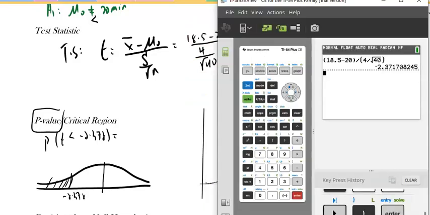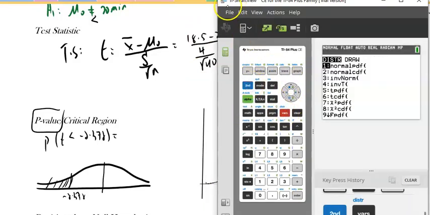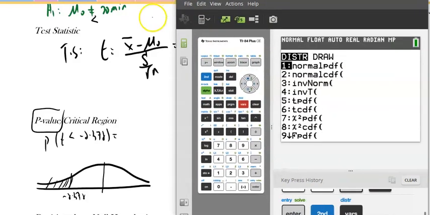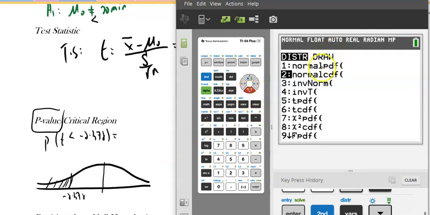And if I use my second distribution, let me enlarge that just a bit. A distribution. We want the T distribution.